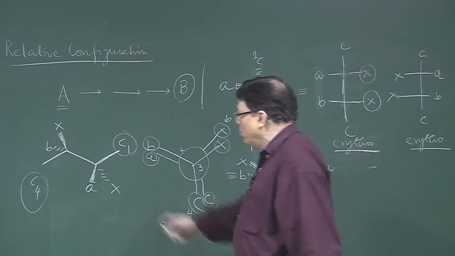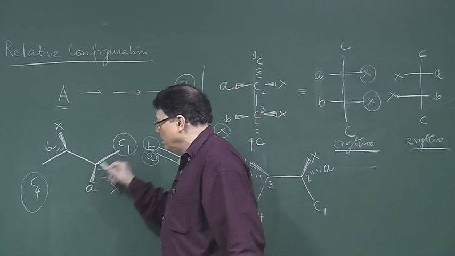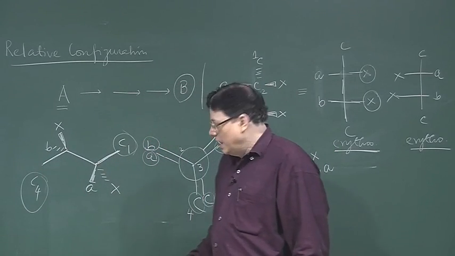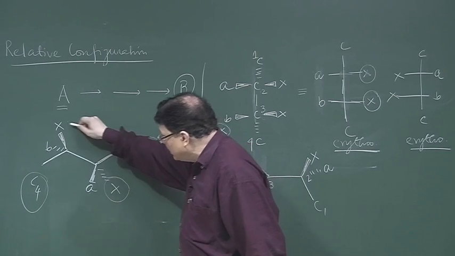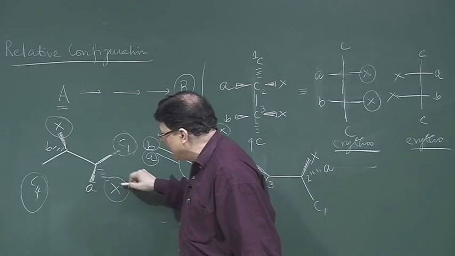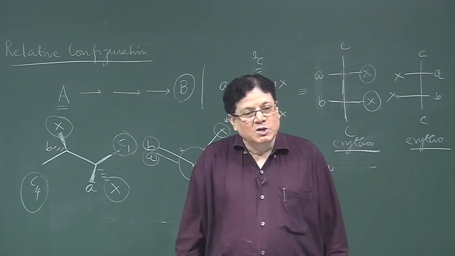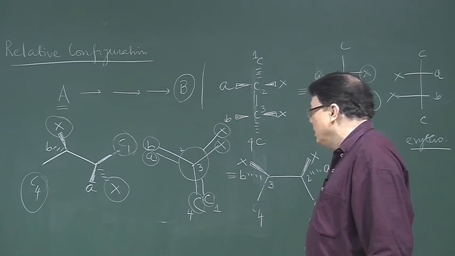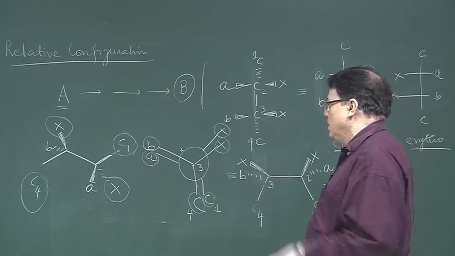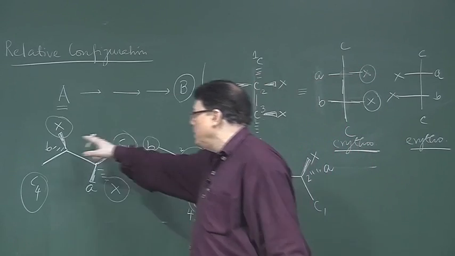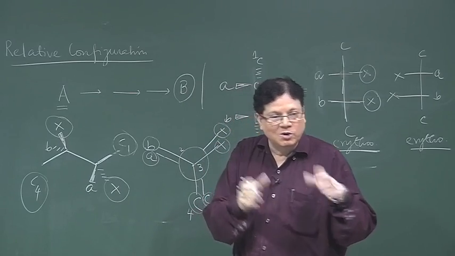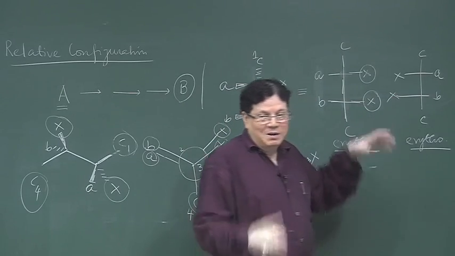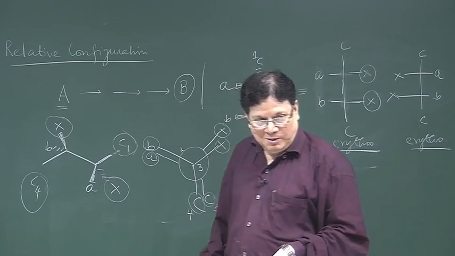You better write the carbon chain in the zigzag fashion, and then you look at the similar atoms, the heteroatoms, that is X and X. If these two X's are on the same side, in this case it is not, this is beta, this is alpha. If they are on the same side, that is called erythro, and if they are on the opposite side, that is called threo.